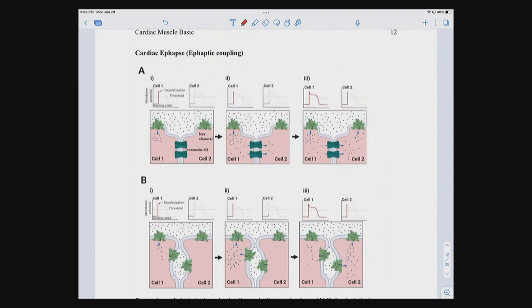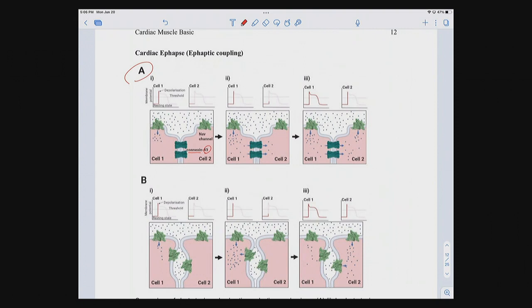So in A, what they're looking at is just the standard model for your gap junctions. So connexin 43 is a very popular one in the cardiomyocyte. There are other isoforms in the cardiomyocyte as well, but 43 seems to be fairly common.